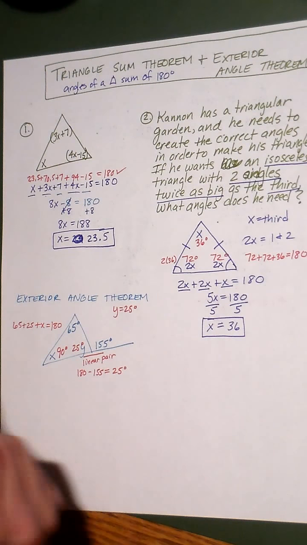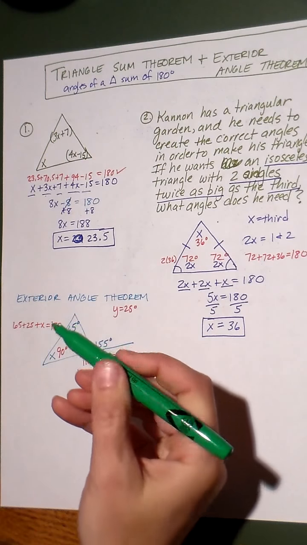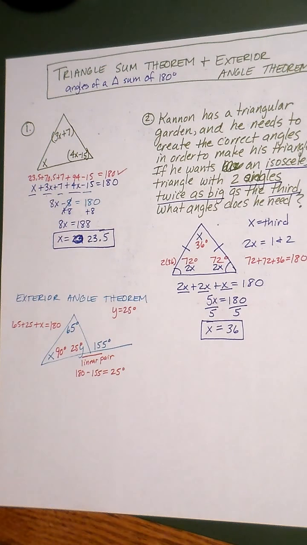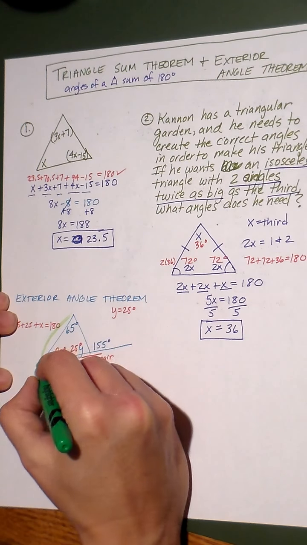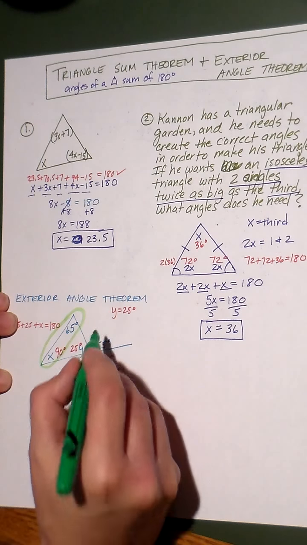But you can take a shortcut. Let's say I just wanted to find x. What do you notice? Let me get a different color here. So these two right here, what is 90 plus 65?